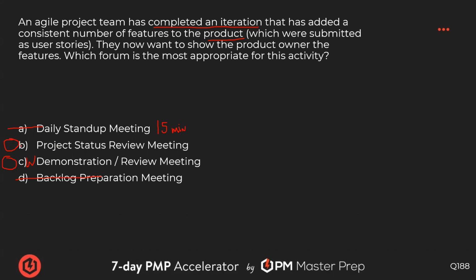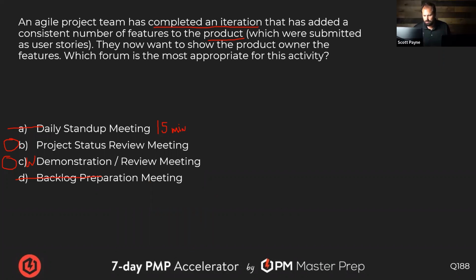And then your backlog prep is thinking through the ideas for the next iteration, and your product owner is sorting them, trying to prioritize what's the most important.